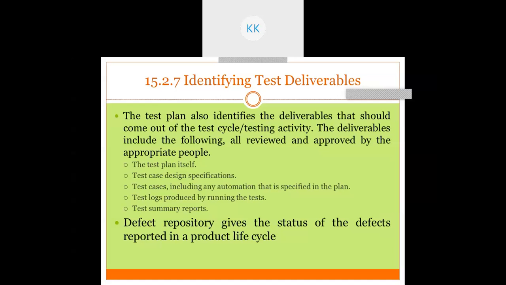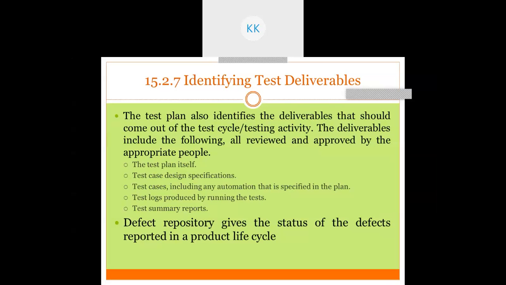Then the most important thing is you need to identify the test deliverables. What you need to deliver to the customer in a particular stipulated period of time, that you need to identify. The test plan also identifies the deliverables that should come out of the test cycle or testing activity.